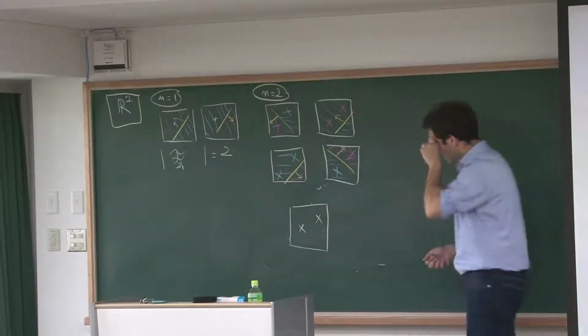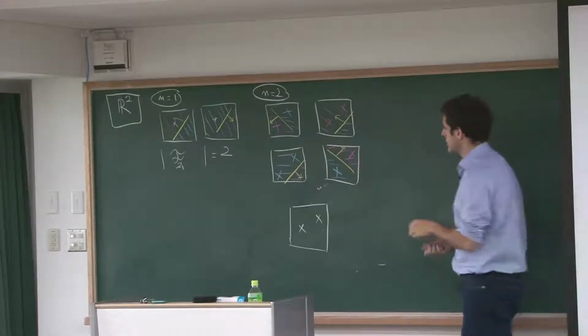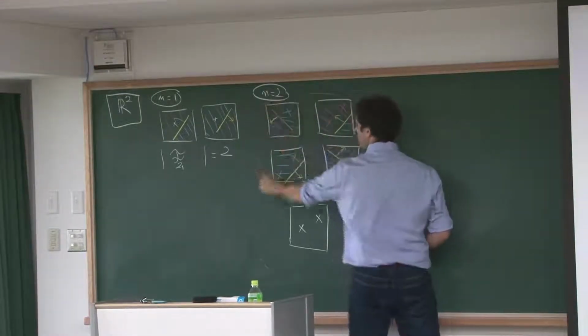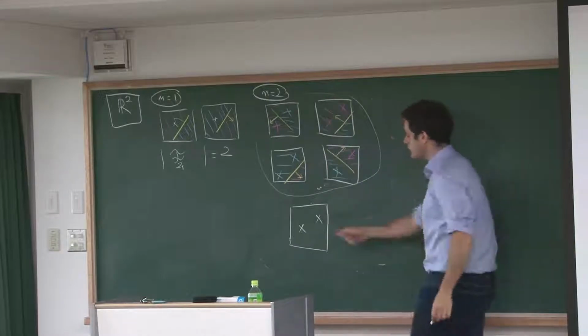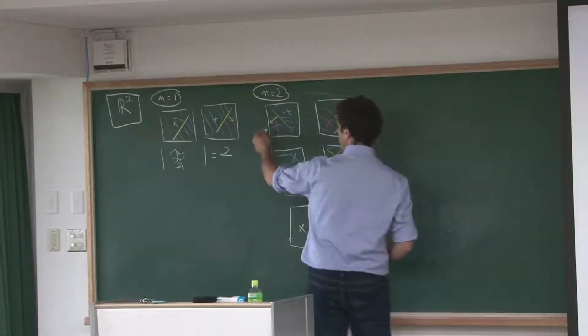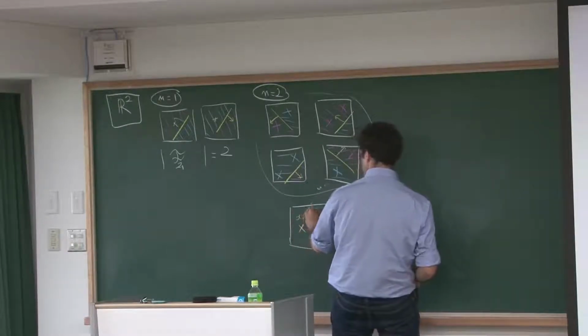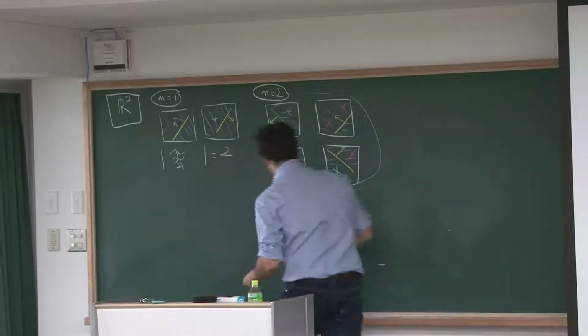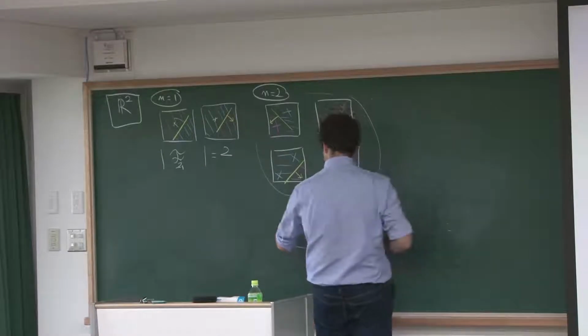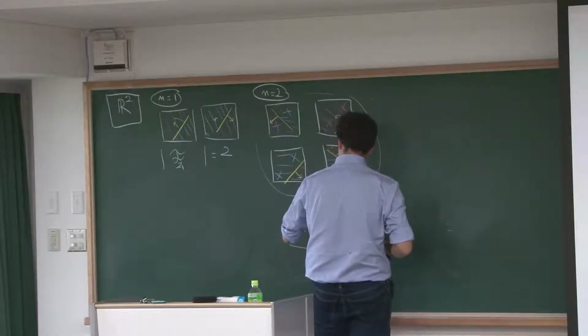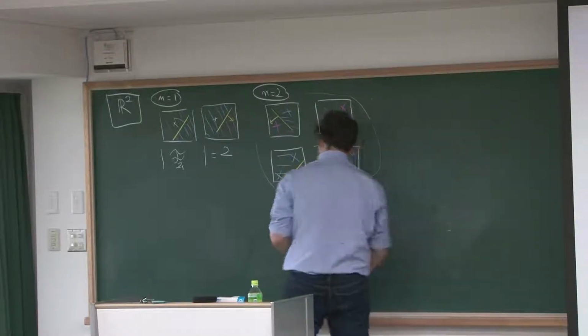Okay? So for 2 points, the number of labelings that I can come up with for those 2 points is, suppose this is x1 and x2, z1, sorry, z1 and z2. Okay?